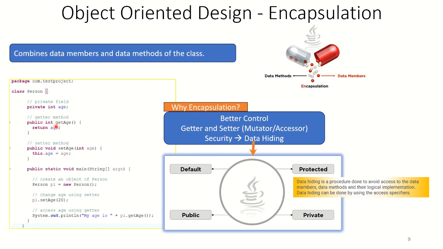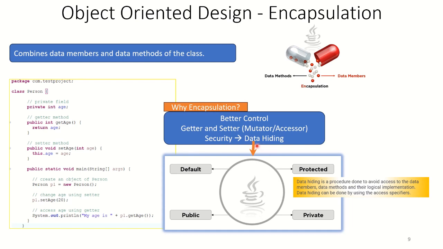The main purpose of encapsulation is data security. This is handled by a mechanism called data hiding to avoid access to the data members and methods. This is to ensure that the data integrity is not violated externally.